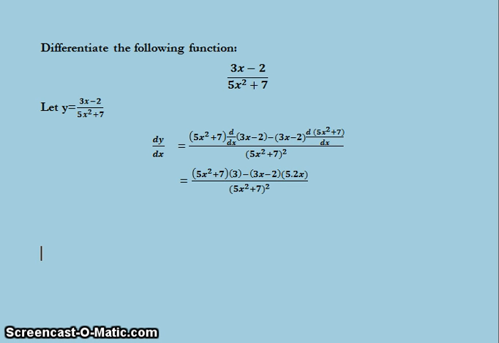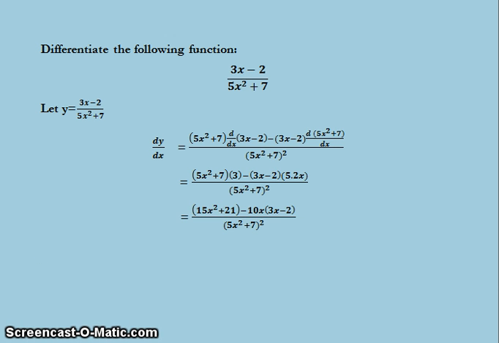On differentiation we have dy by dx equal to (5x^2 + 7) into 3 into 1 minus (3x - 2) into 5 into 2x, whole divided by (5x^2 + 7) whole to power 2. This can be further simplified as 15x^2 + 21 - 10x into (3x - 2), whole divided by (5x^2 + 7) whole to power 2.